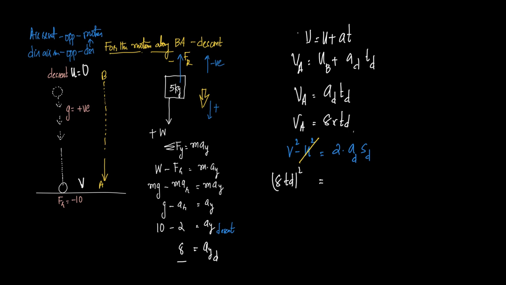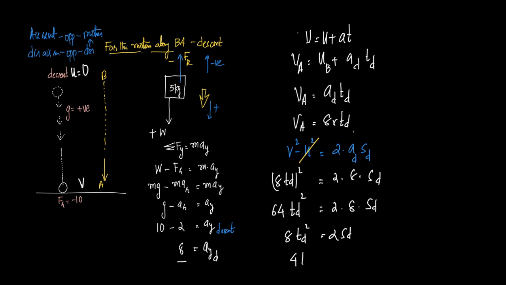Now, over here we have 8 into t, the whole square, is equal to 2 into, what is ad? Acceleration during descent is 8 into SD. So we can write here that 64 td square is equal to 2 into 8 into SD. So 64 by 8 is 8. So 8 td square is equal to 2 into SD.